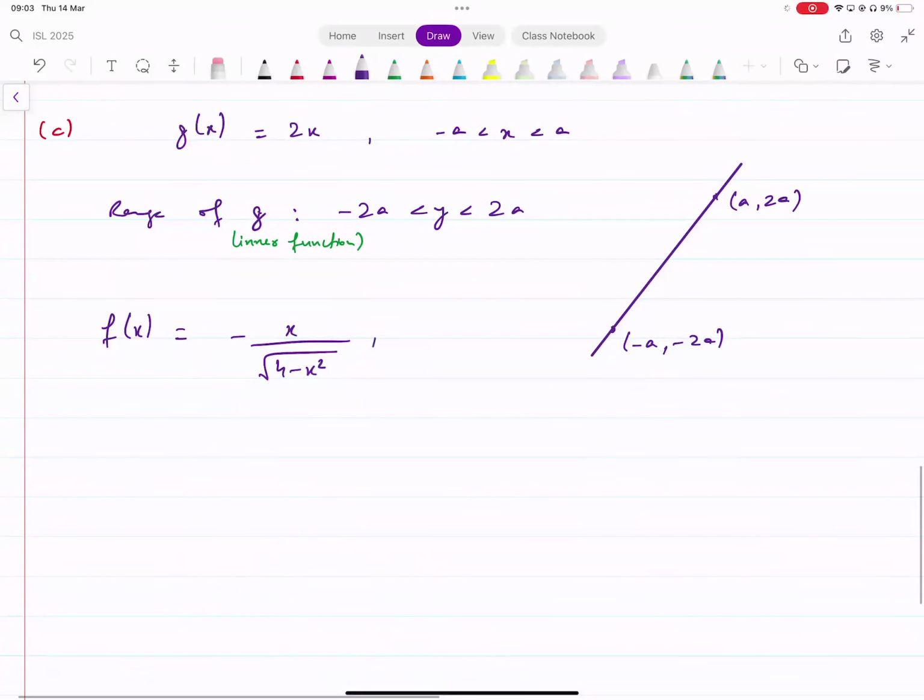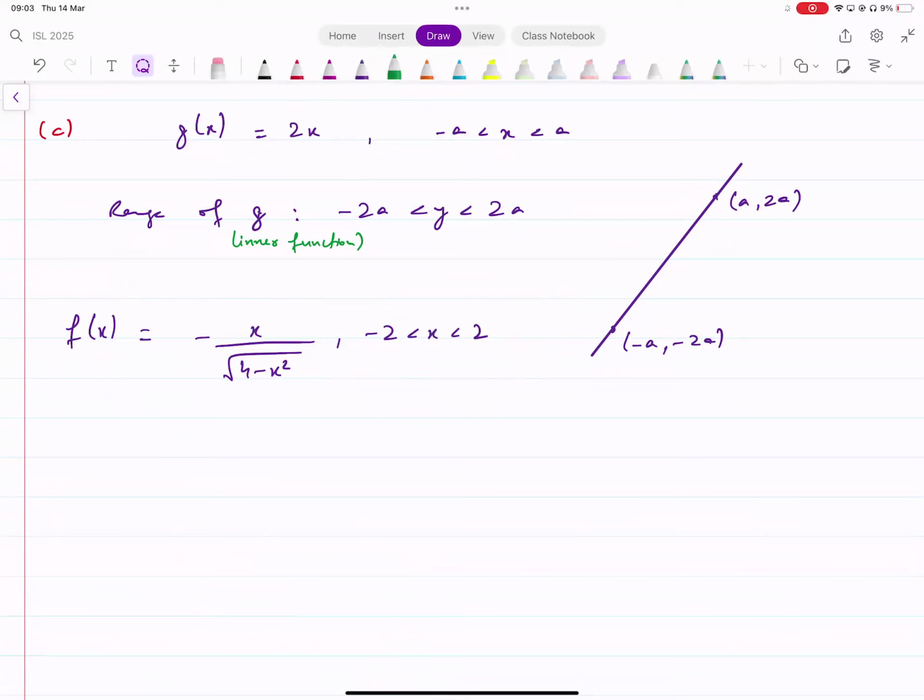And this was defined for x between minus 2 and plus 2. Okay? अब ये दोनों एक दूसरे को correspond करने चाहिए. This is the outer function, f of x. Outer function की domain और inner function की range. This thing and this thing, they should correspond to each other. Is that okay?